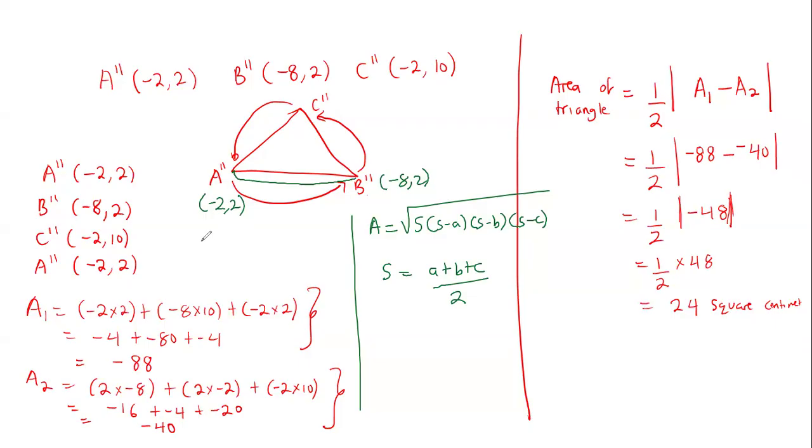You remember how to find distance, from your geometry: the square root of (x2 minus x1) squared plus (y2 minus y1) squared. Then you get the length here, here and here. After getting the lengths of the three sides, you substitute: A is one of the sides, B is another, and C is another. You add them, divide by 2, and substitute here. You get the same answer.